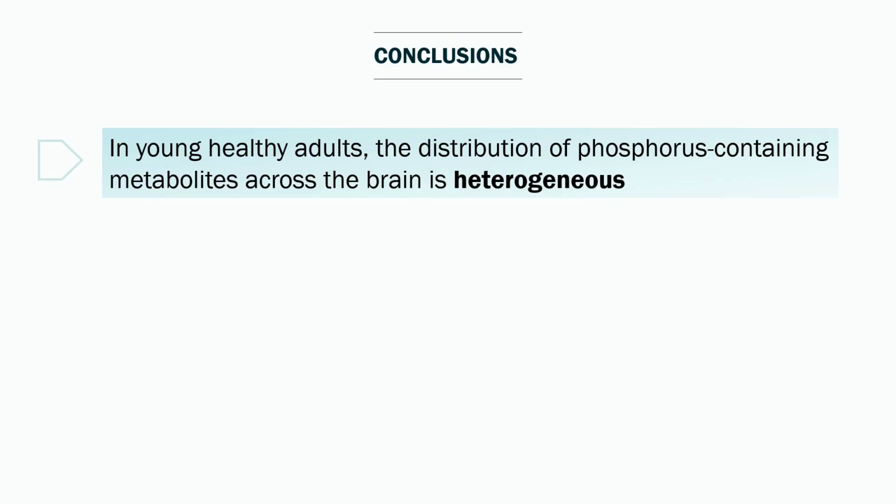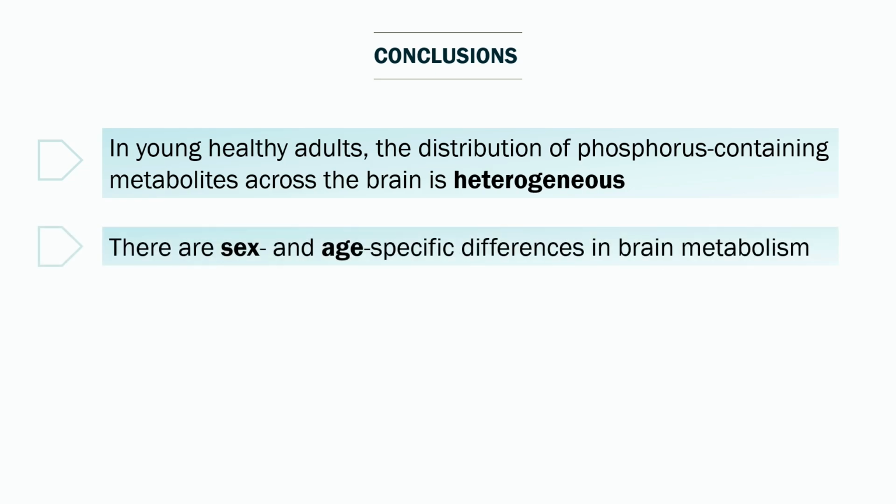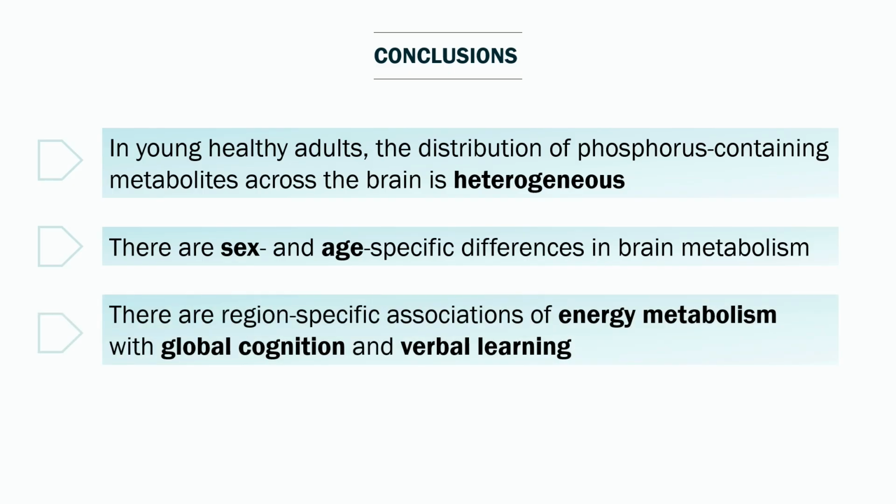They didn't just look different, they were significantly different for most regions with each other. And then there are sex and age-specific differences in brain metabolism, even in our limited age range sample. There are region-specific associations of energy metabolism with global cognition and verbal learning.